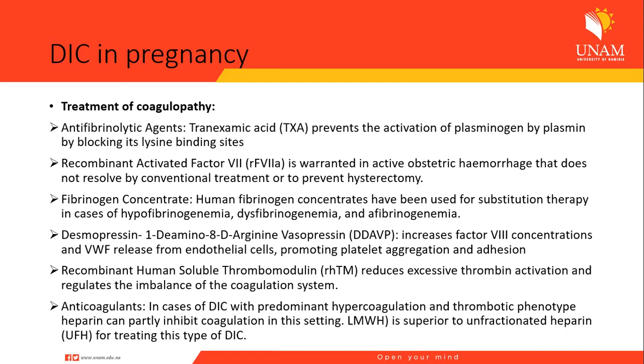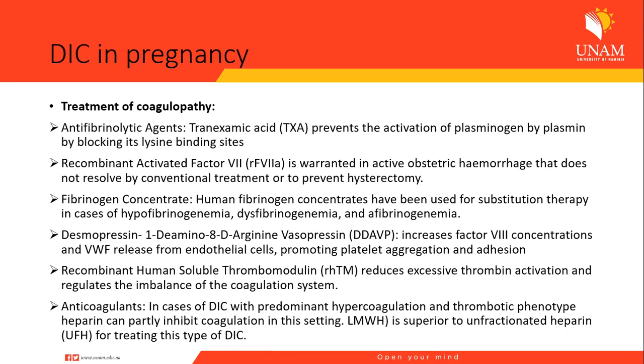The common example is tranexamic acid, and what it does is it helps to prevent the activation of plasminogen by plasmin, which blocks its lysine binding sites. In obstetric hemorrhage that does not resolve with conventional treatment, you can give recombinant activated factor 7, and this has also been found to help prevent the need for hysterectomy in these patients.